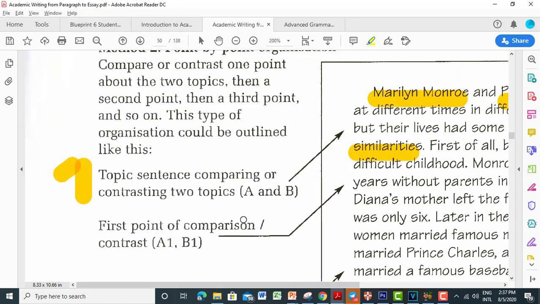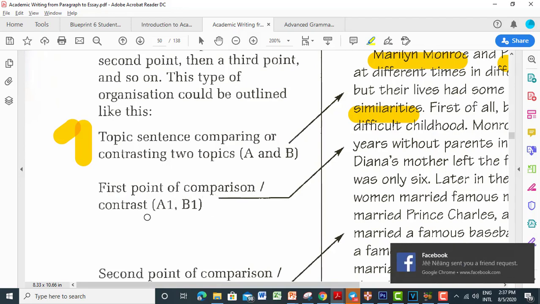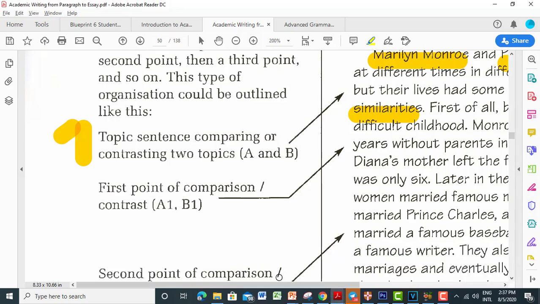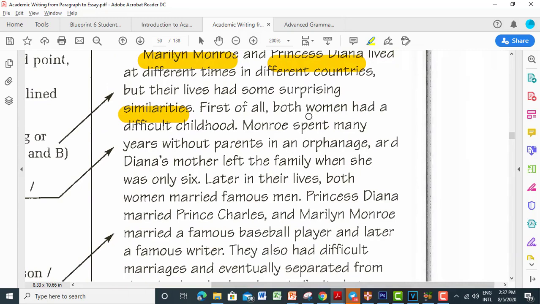Okay, and number 2, the first point of comparison and contrast, like A and B. So they compare here: first, both women had a difficult childhood. One just childhood, okay, difficult childhood. So they have the same thing here.